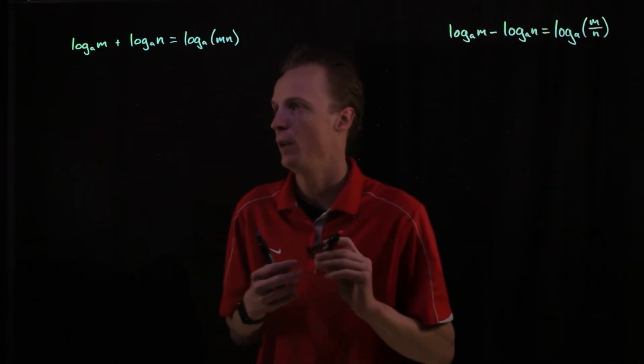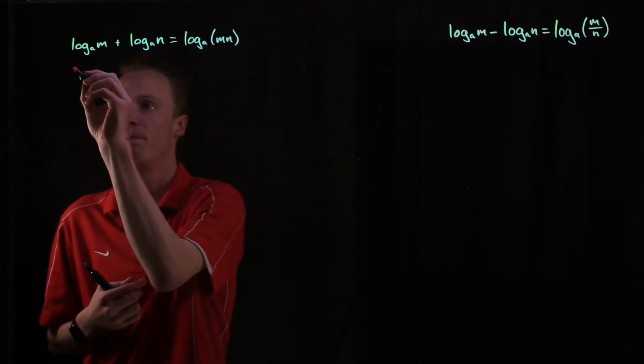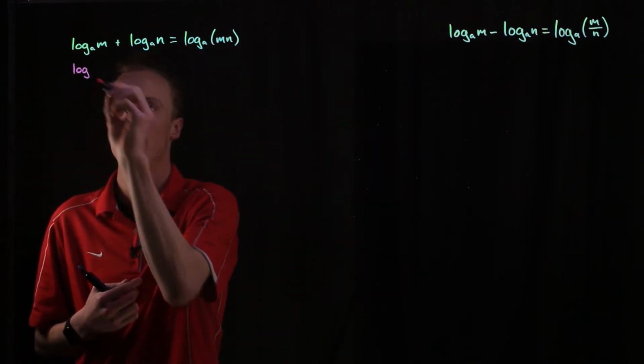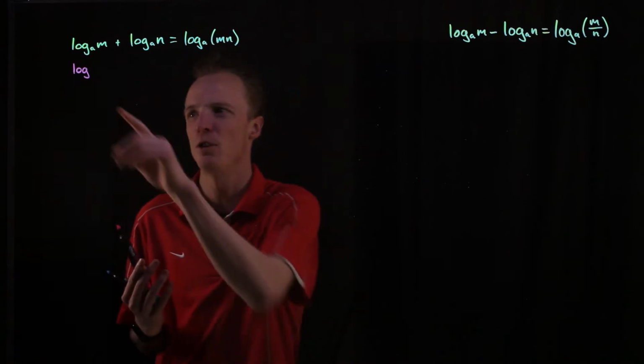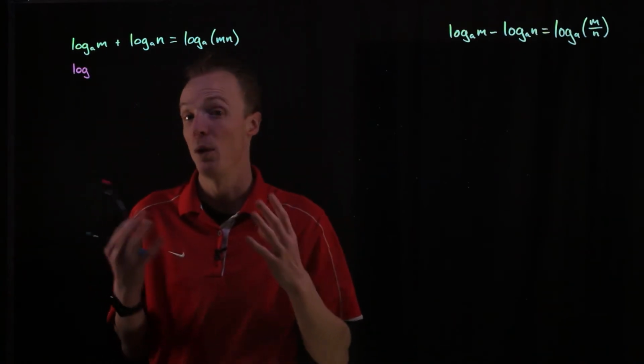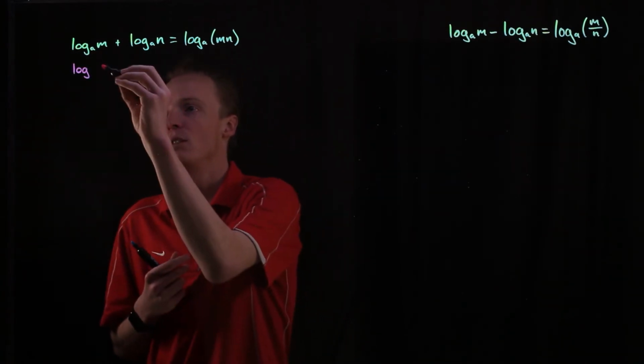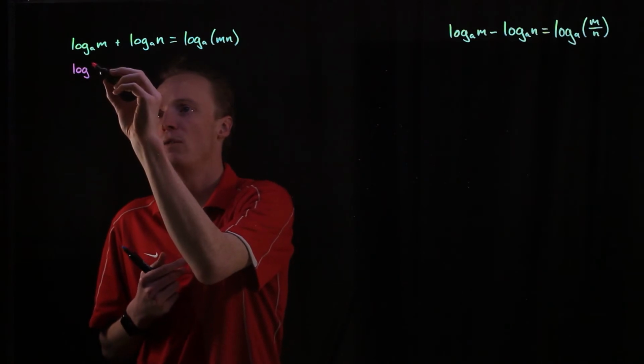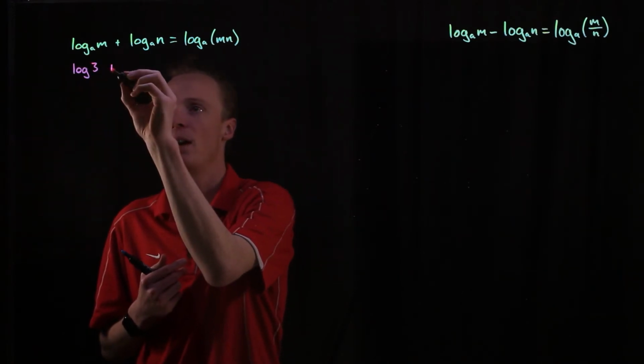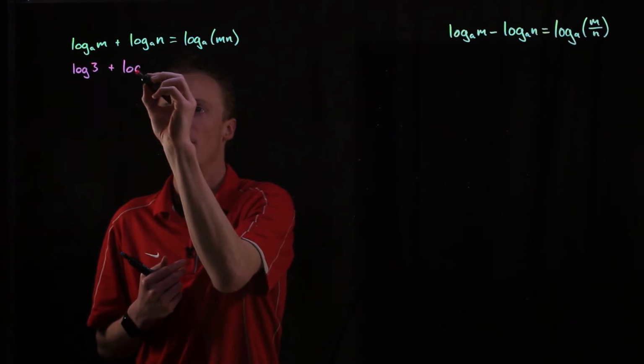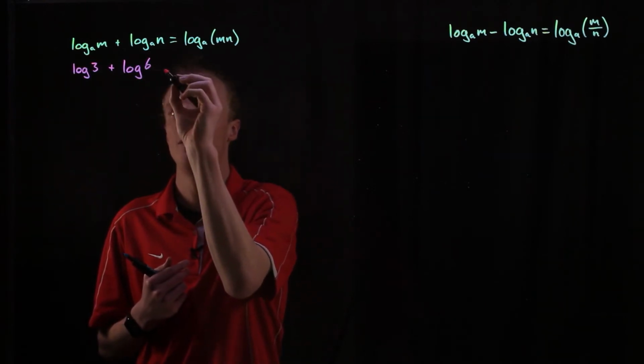So let's start with the logarithm of base 10. Now remember, when it's base 10, we don't need to write the small 10 there. We can, but we don't need to. So the logarithm of base 10 of, let's say, 3, and we add it with the logarithm of base 10 of 6.